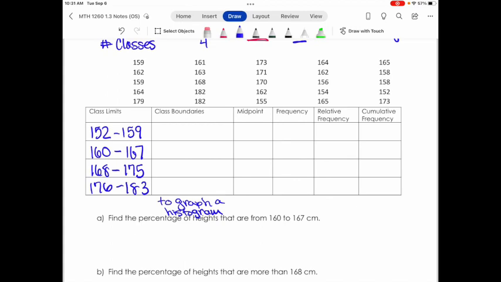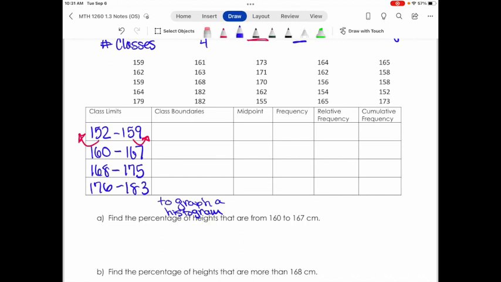We want to close the gap between 159 and 160, because there are numbers in between, like 159.3 and 159.7. So to close the gap, when we look at our class limits, we're going to come out a half to the left and a half to the right.